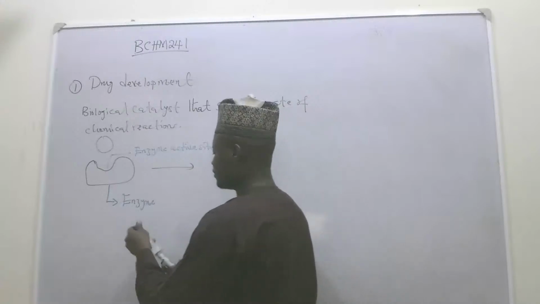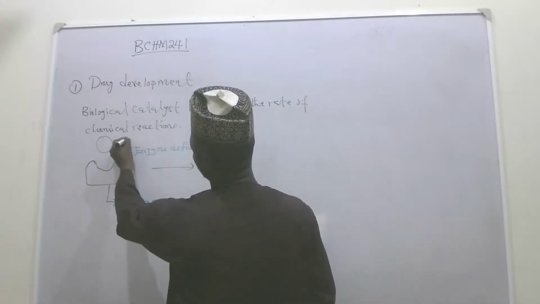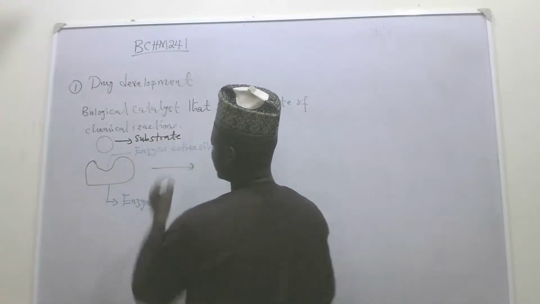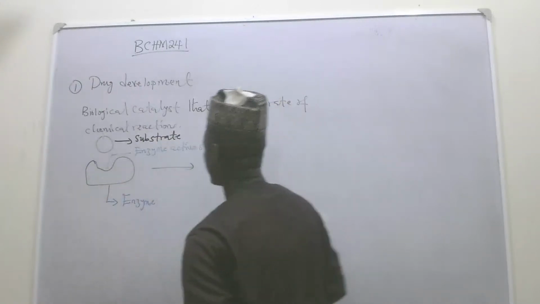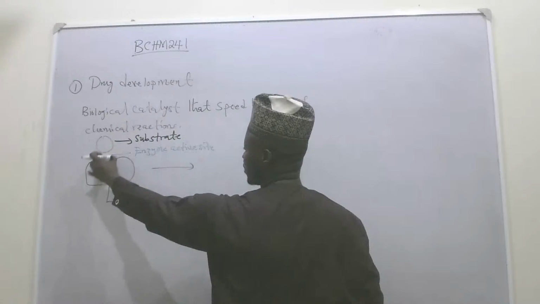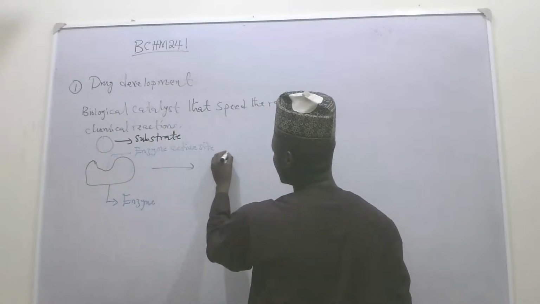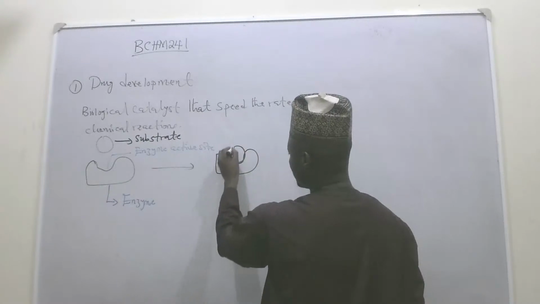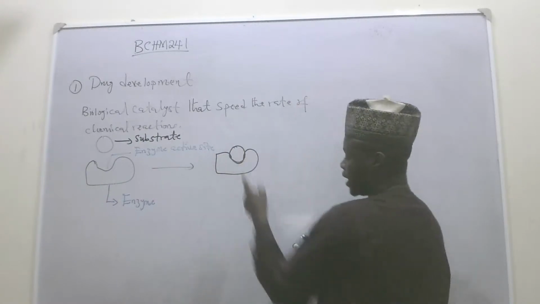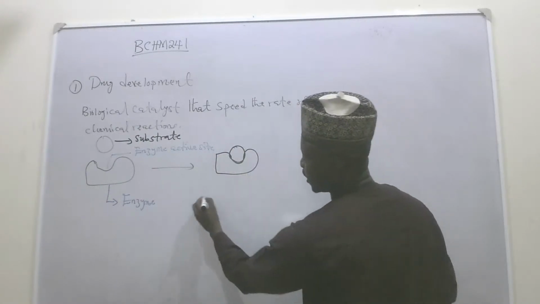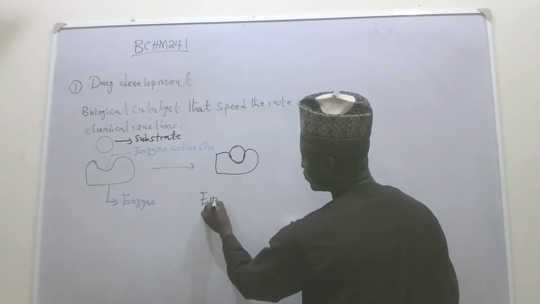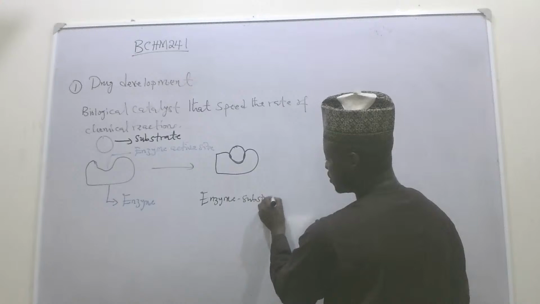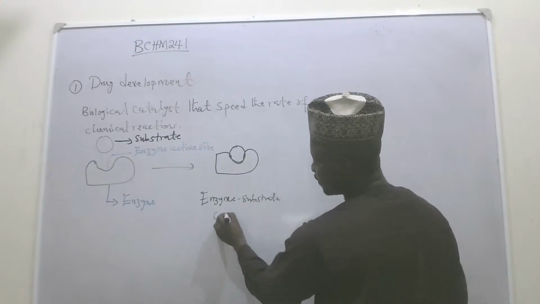So this is a substrate. We have an enzyme and we have a substrate. What happens? The substrate binds to the active site, and here we have what we call the enzyme substrate complex.